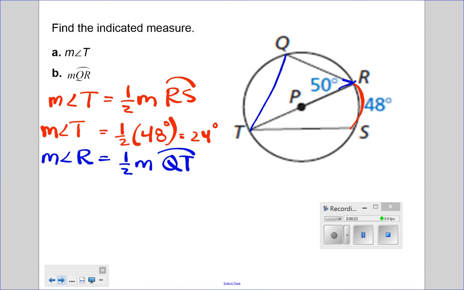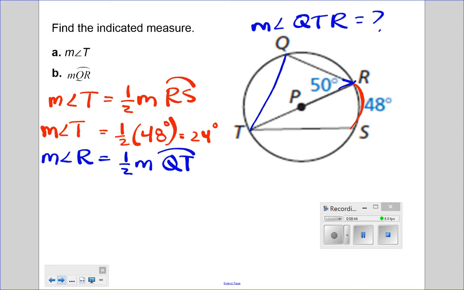The whole circle is 360 degrees, so this would be 180. So you just subtract, you got the QRT. QTR, is that 180? Because that's the diameter, right?